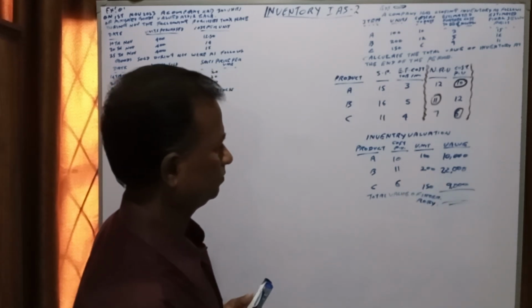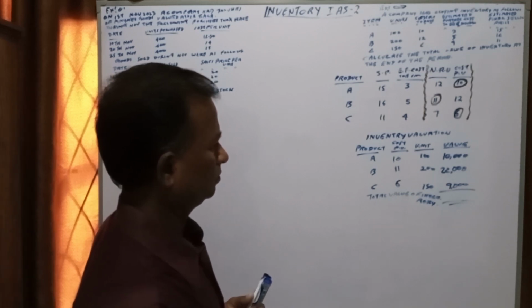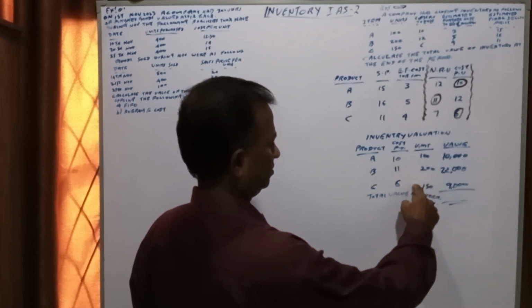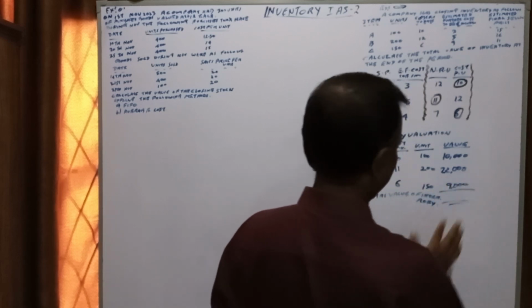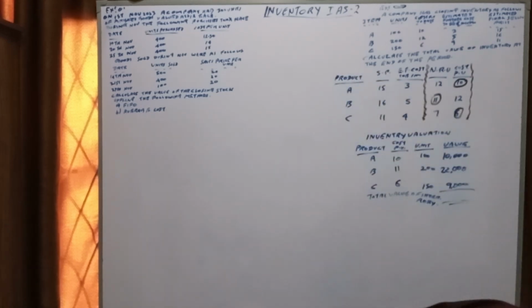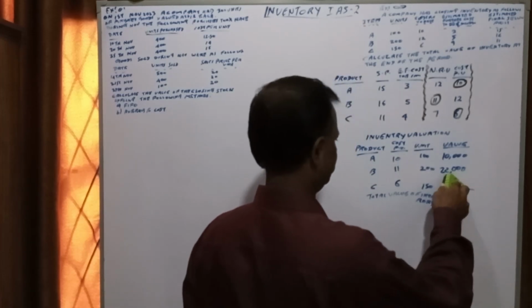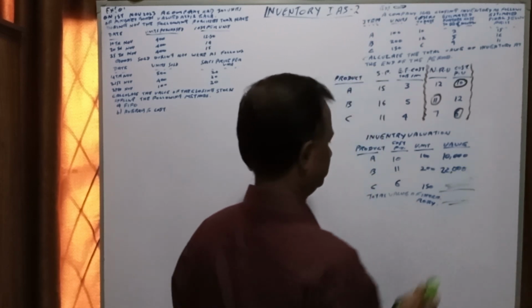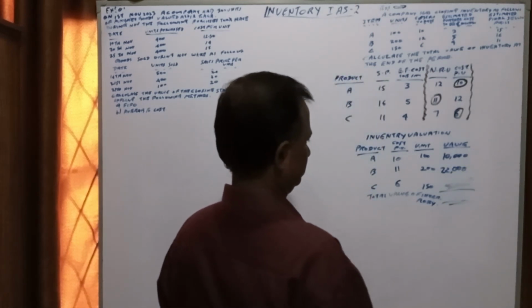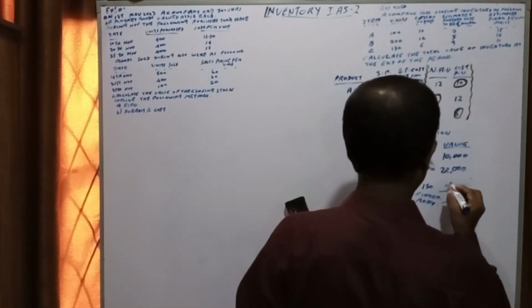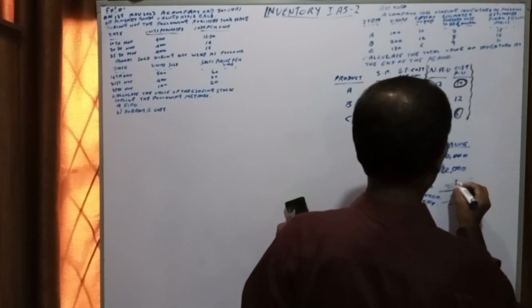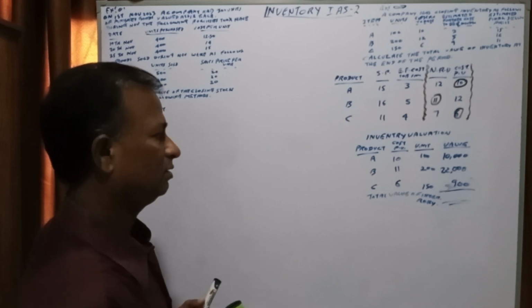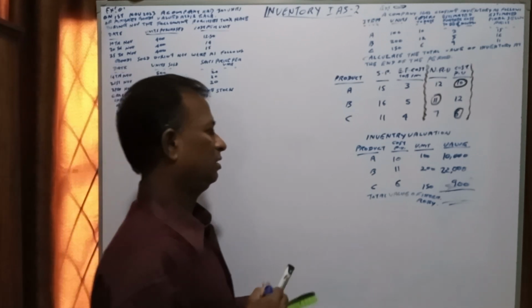Sorry, it is 900, not 9,000. 900 rupees, right? 6 into 100, 600, plus 900.